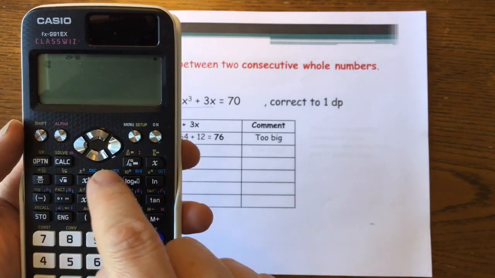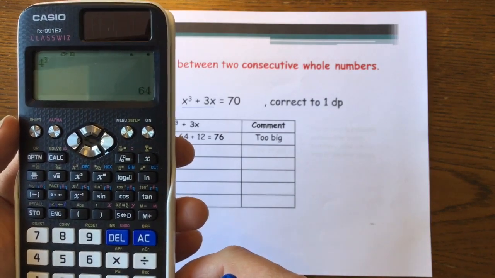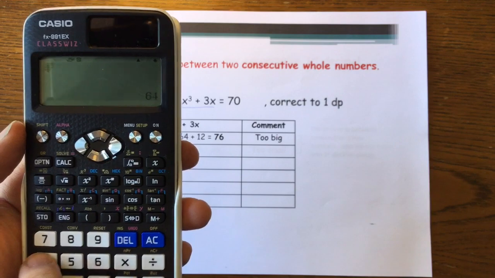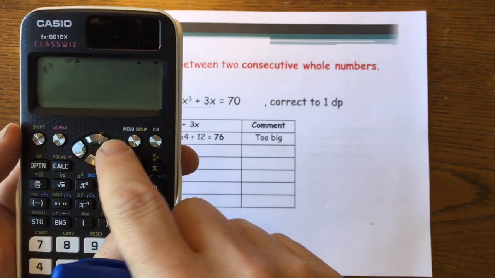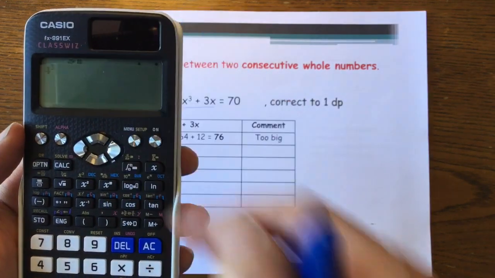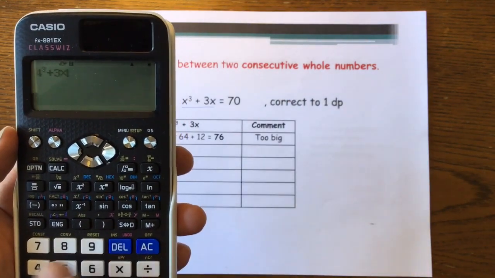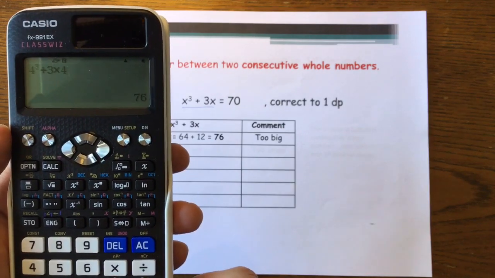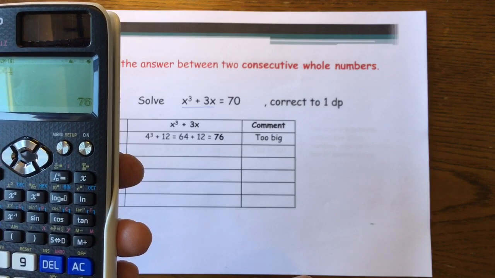So if I do 4 to the power of 3, I get 64. And so when I do that whole thing, 4 to the power of 3, and then I want to move myself down on the display, and then I'm adding 3 times 4. And when I put that in, you'll see hopefully that comes up as 76.